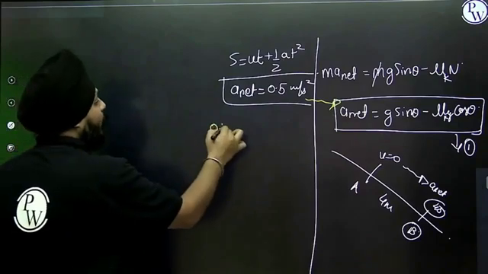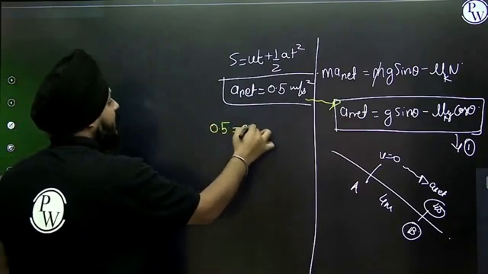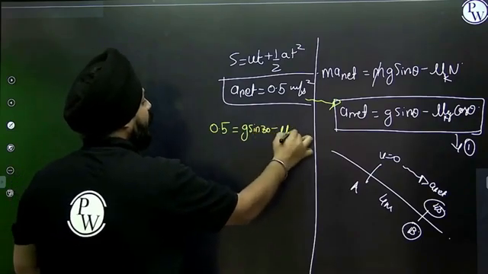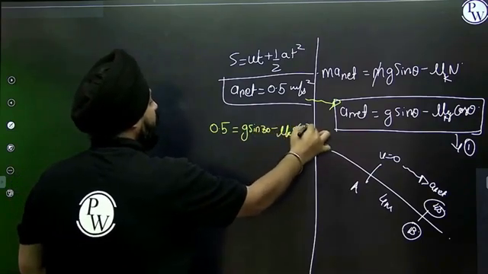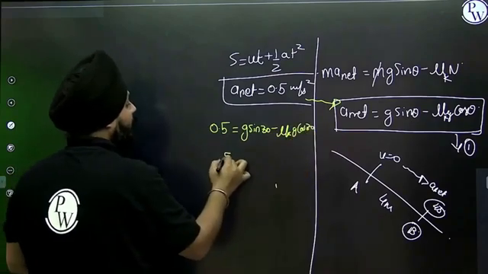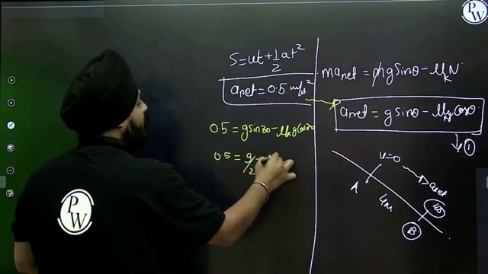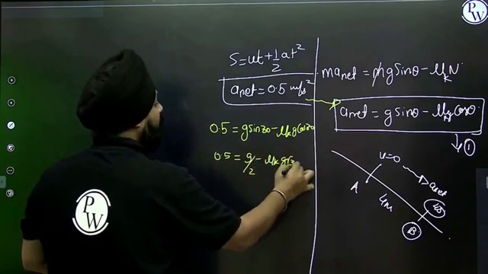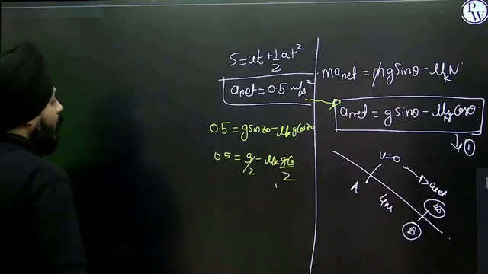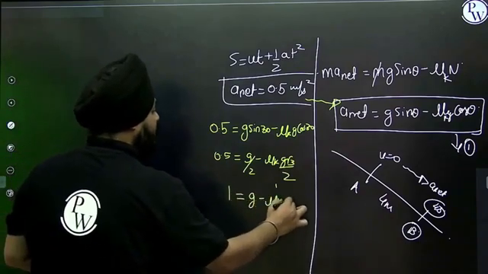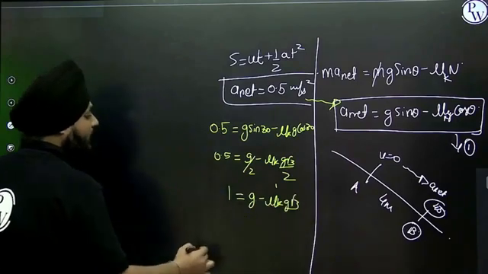Can I replace this value here? So it will be 0.5 is equal to g sin 30 minus mu k g cos 30. So 0.5 is equal to g by 2 minus mu k g root 3 by 2. So it will be 1 is equal to g minus mu k g root 3, making g common.